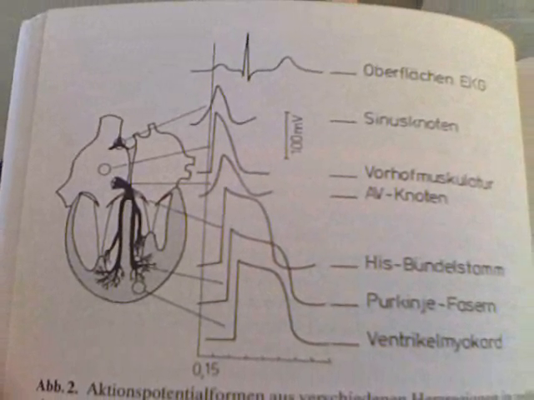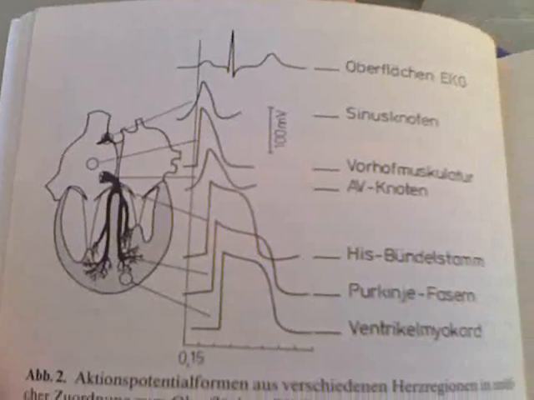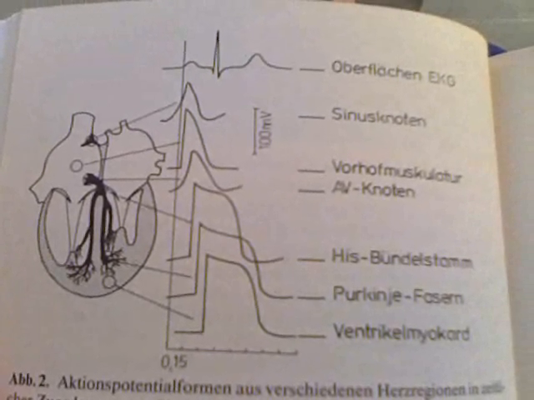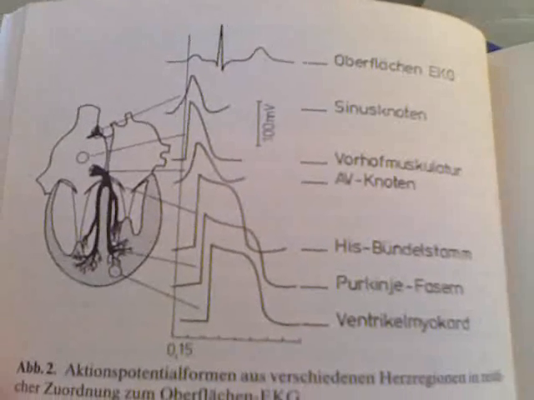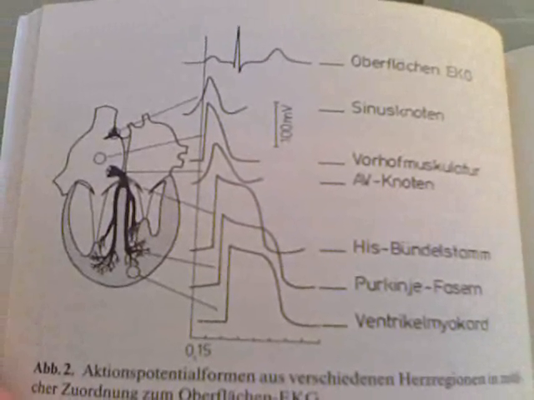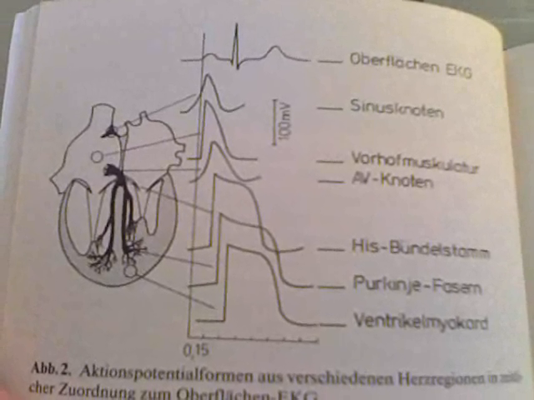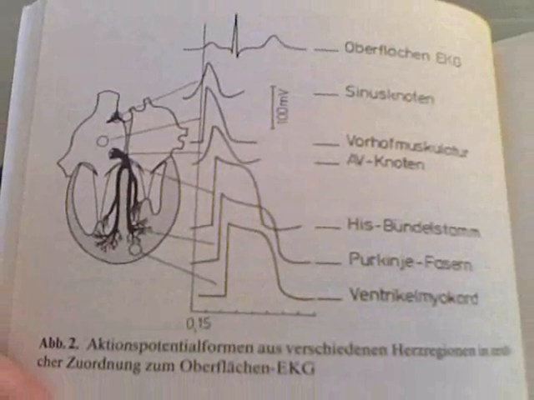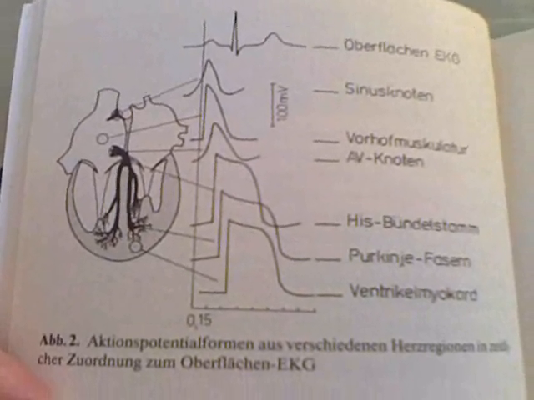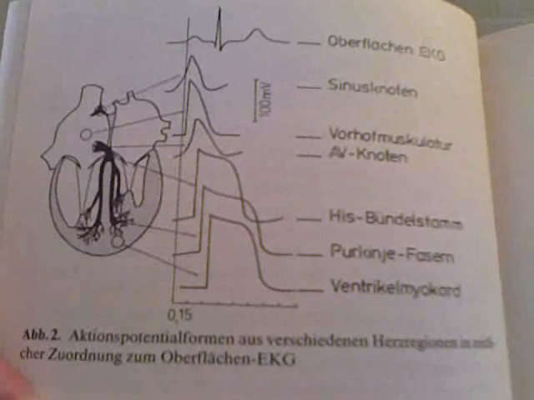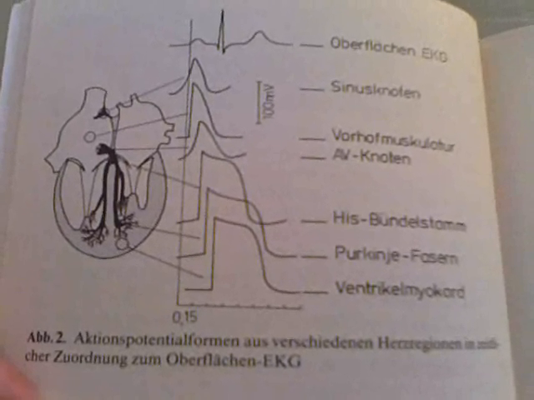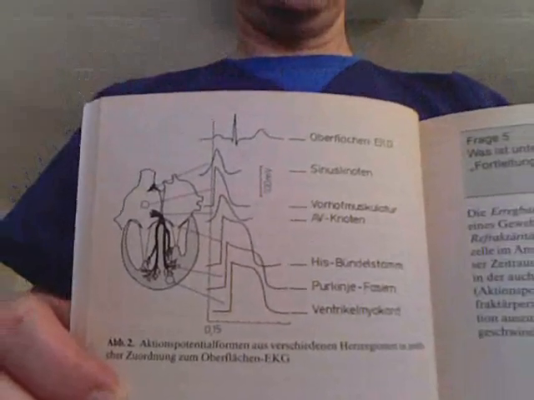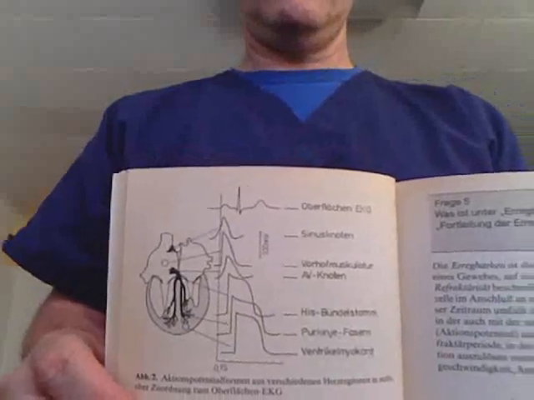Continuing on with the electrical signal, you have the Purkinje fibers, which are the initiation of the electrical signal into the musculature of the heart, the ventricular wall. The very last little signal at the bottom is the ventricular muscle itself, indicated by that circle. And that is the entire conduction system of the heart.